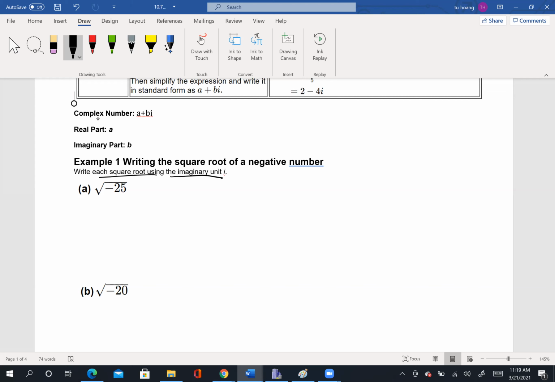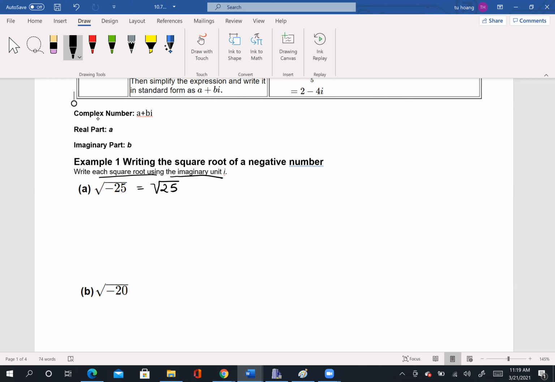The square root of negative 25 can now be written as the square root of 25 times i, because the square root of negative 1 can be rewritten as i, right? Let me slow down a little bit.